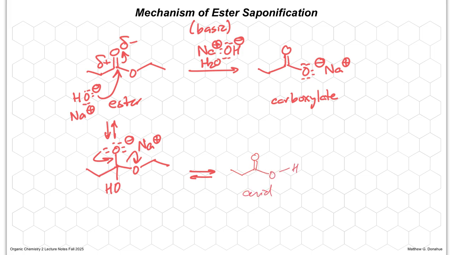So that makes the acid, but that has a pK of 5. The leaving group was this alkoxide. So that's a strong enough base to come deprotonate this.